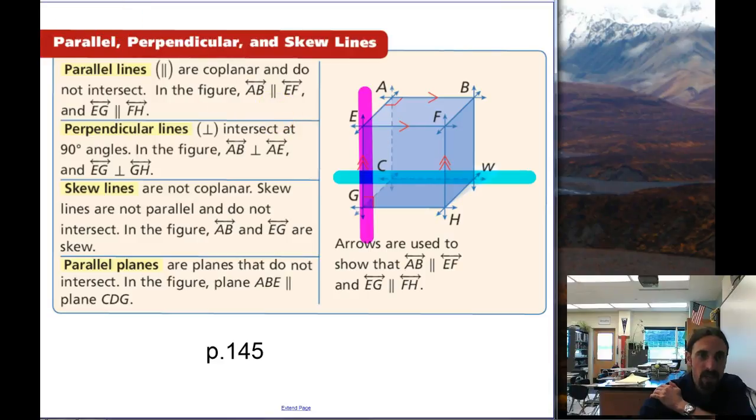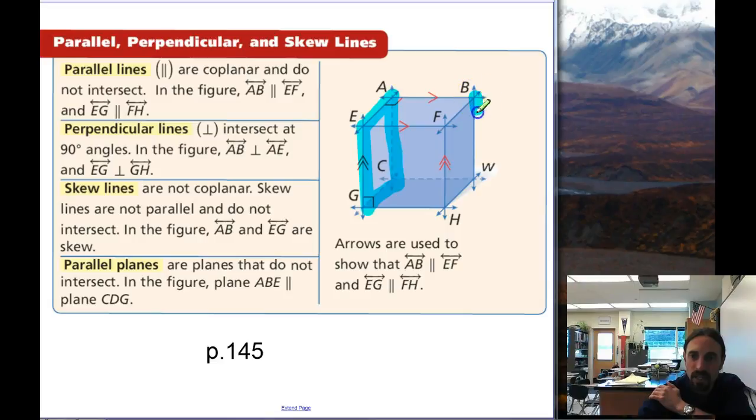The last thing we need to talk about here is parallel planes. So this is the idea that this side here, as in A, C, G, E, this plane right here is parallel to B, W, H, F. Right?